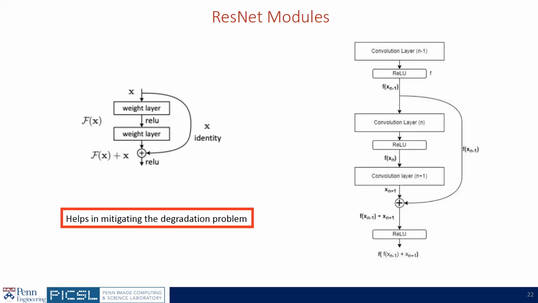So if you stack 100 layers, let's say, this particular way of doing it forces the network to be able to keep track of what is happening in the previous layers, right? And this helps in the degradation problem that I talked about. The stacking layers usually cause a saturation accuracy, though in this way, it helps to overcome that. And the small piece is just called a ResNet module. Right? So you can basically stack these ResNet modules on top of each other to get a segmentation network. Right?